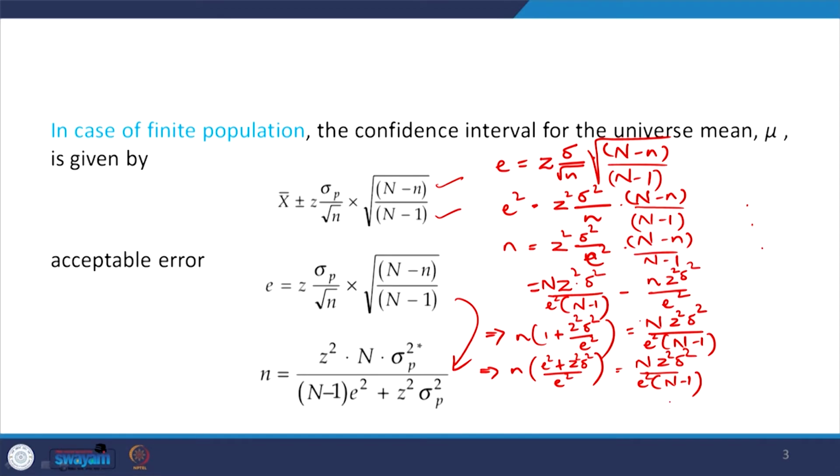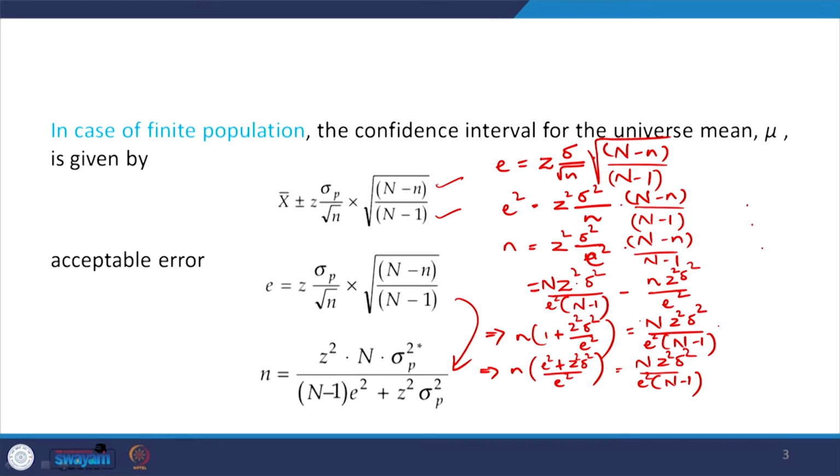More or less we have arrived at this position. Now, is there anything missing? n equals this. So, what I have done here is take E squared to that side.